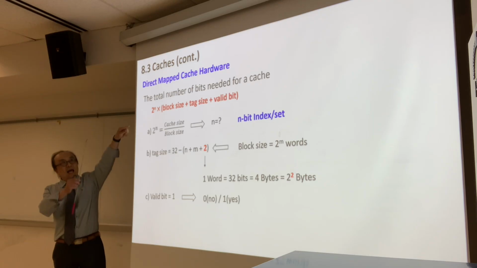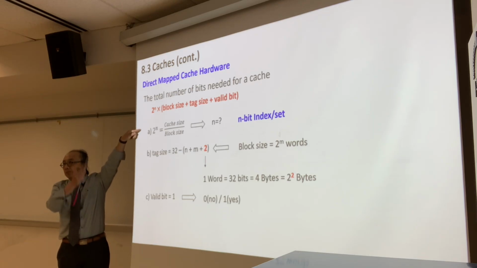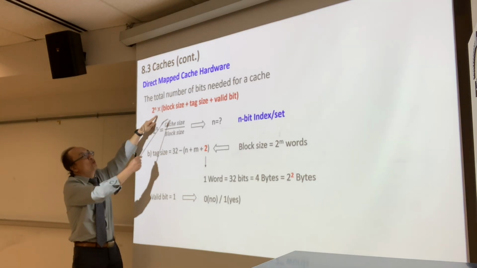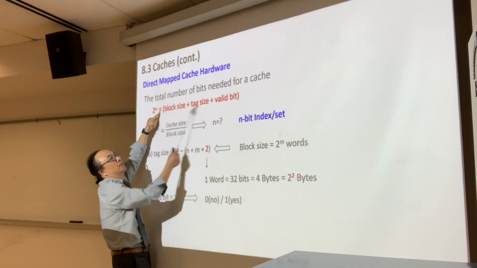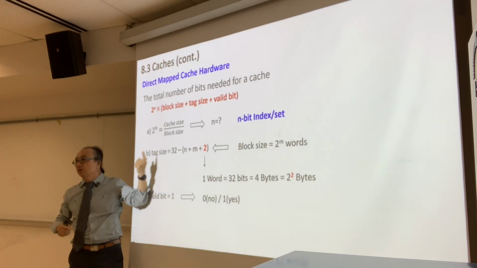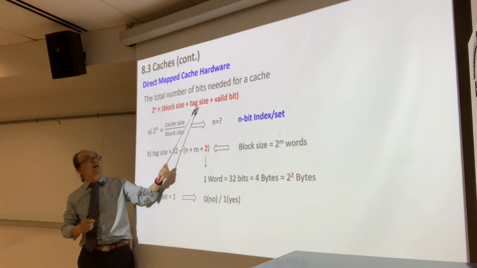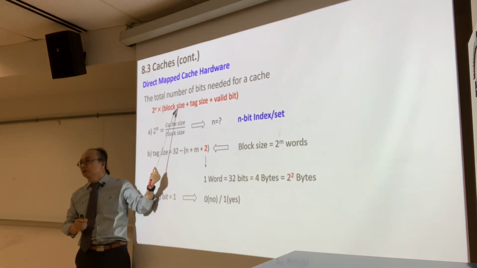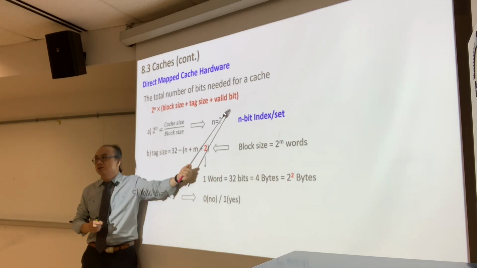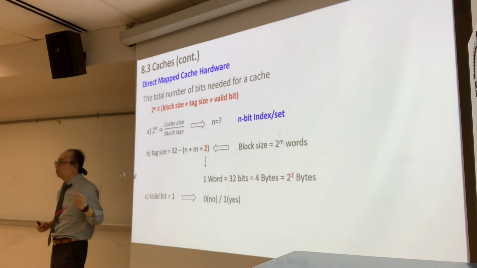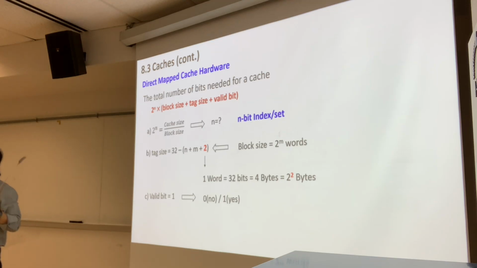That's the height of the box times the width of the box. So the width of the cache is the valid bit plus tag plus total block. So basically this calculation is you're just multiplying width times height of the cache.